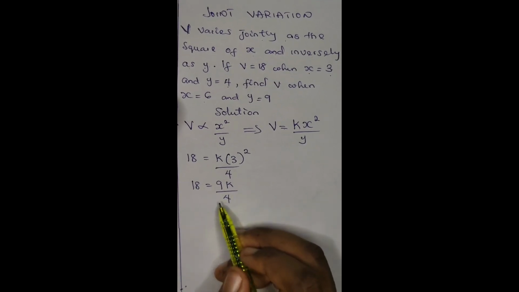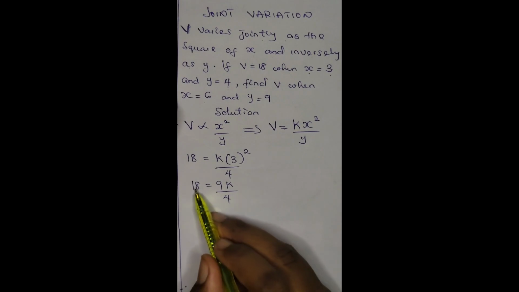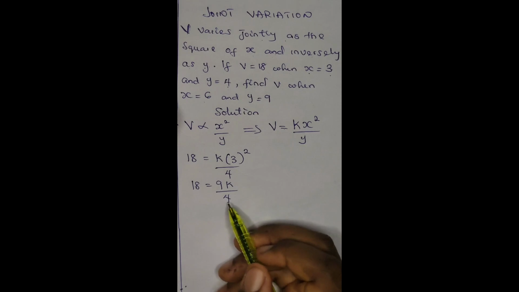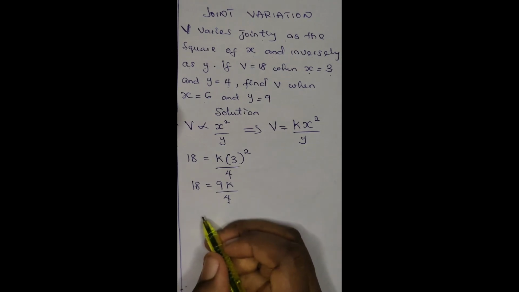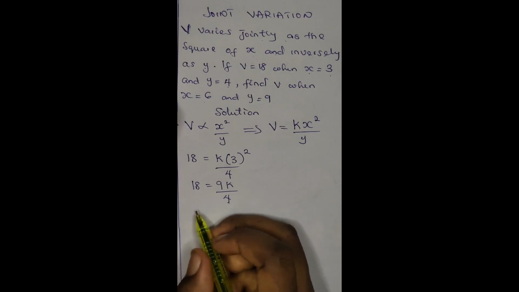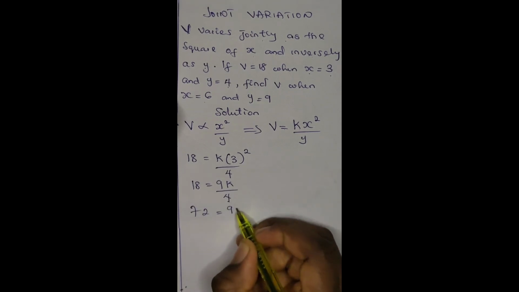When we cross multiply, we have 18 times 4, which is 72, equal to 9k.